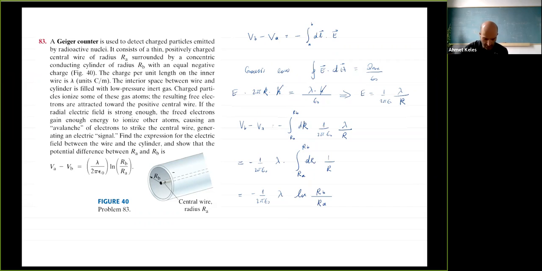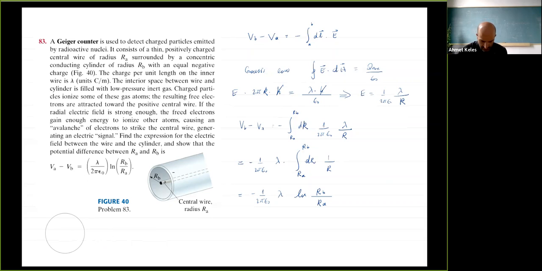I am assuming everybody knows that ln x minus ln y is equal to ln of x divided by y. Everybody knows this, so I didn't show it. If you don't, that's all you need to know.